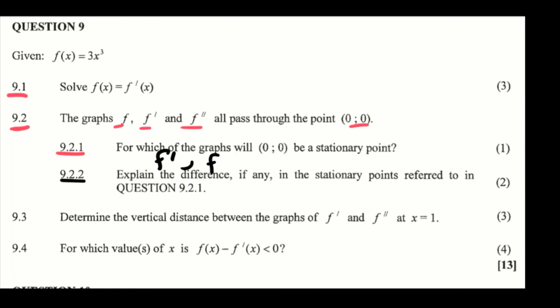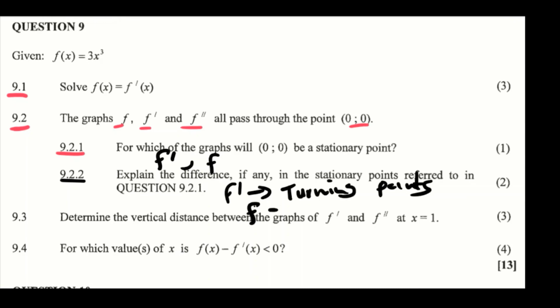So 9.2, explain the difference, if any, in the stationary points referred to. So f prime will give you your turning points of the function. So let me write turning points, right?